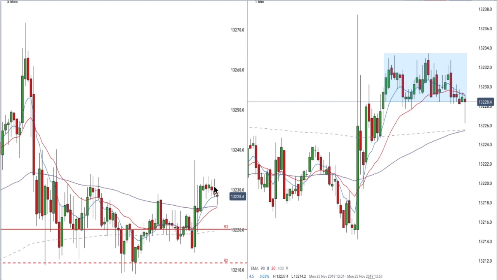That's all great, but you've got big support down here. The last rejection of resistance was here. The market's broken through resistance. What happens to resistance after it's broken? It becomes support, and you can expect some support here.